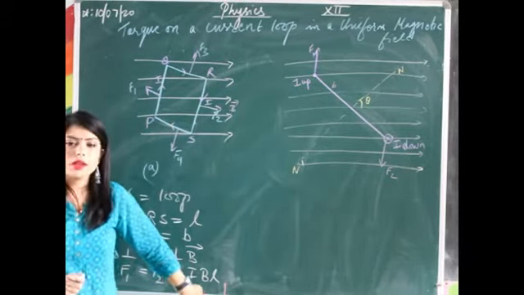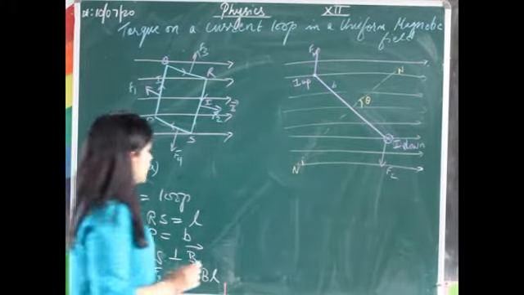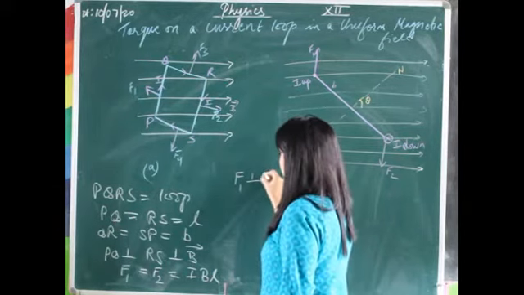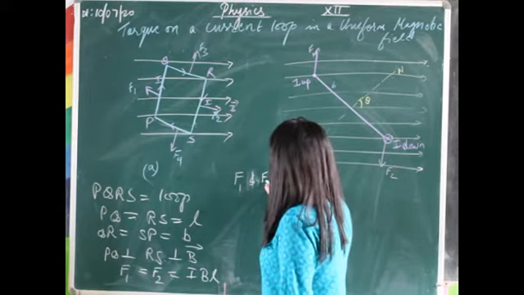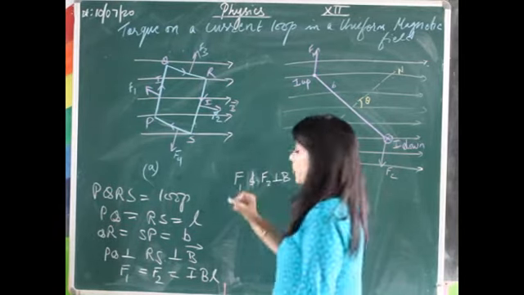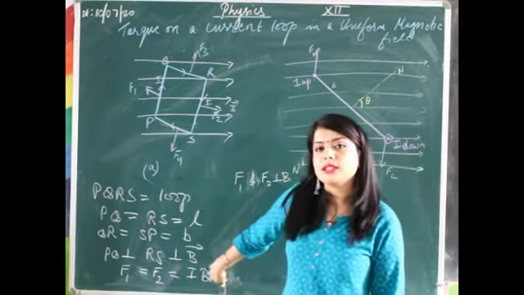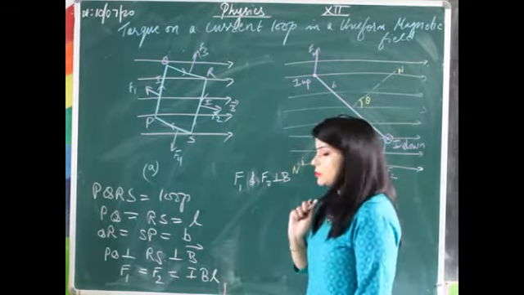F1 and F2 are equal to IBL, and we also know that F1 and F2 are perpendicular to the magnetic field. That is why we are writing IBL. We have removed the sin theta because sin 90 degrees is 1.